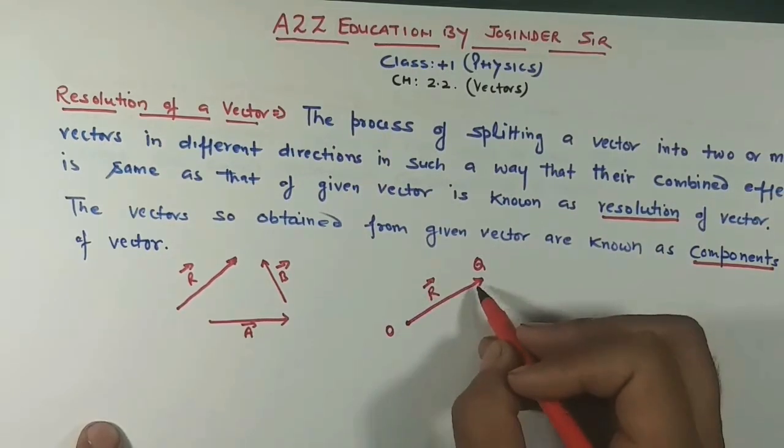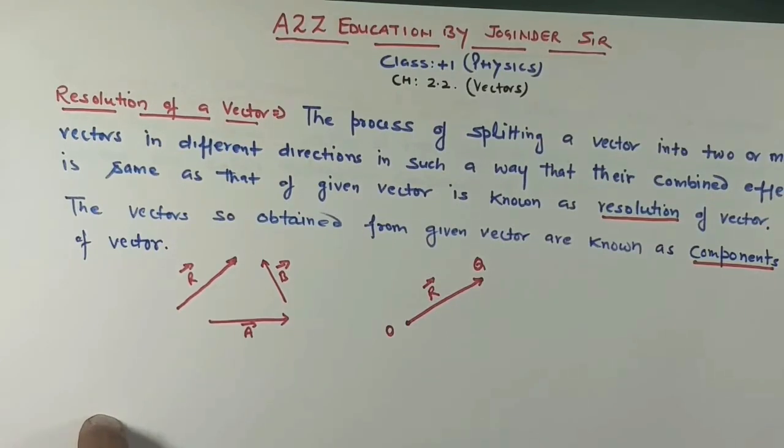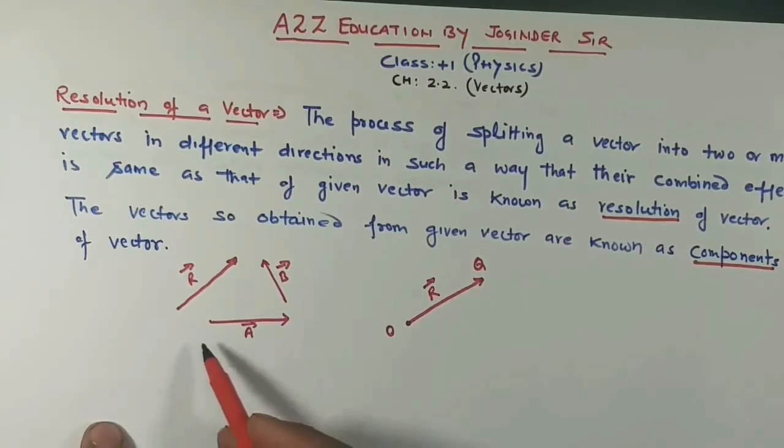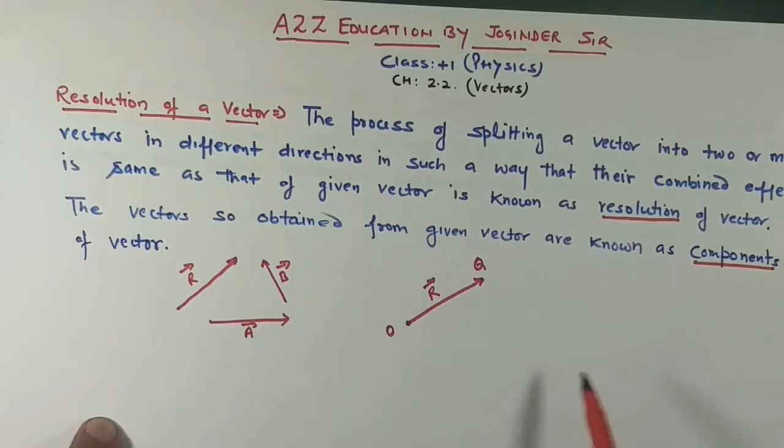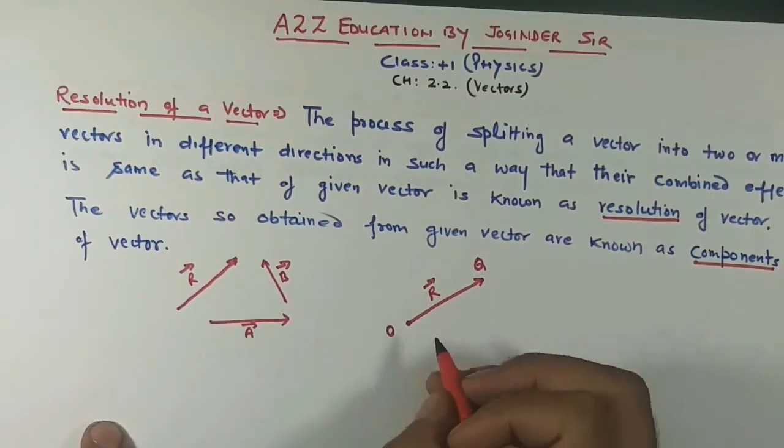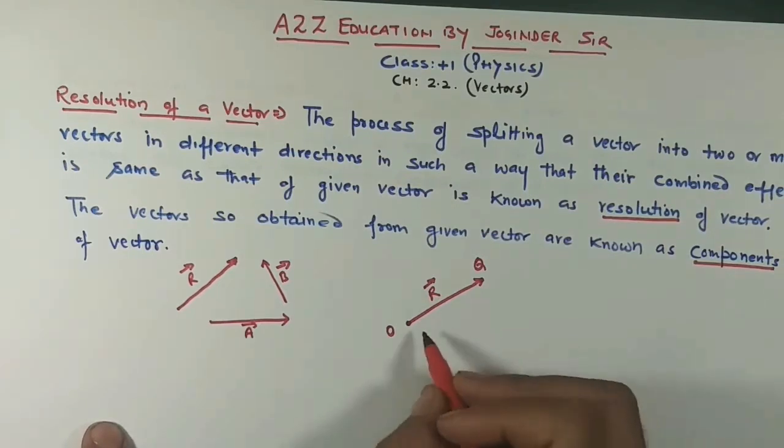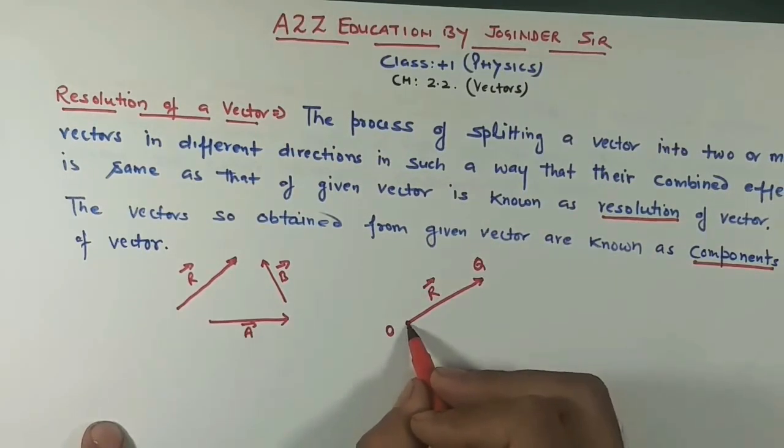Now we have to split this vector into two vectors in which one component has the direction equal to that of A and other one has the direction equal to that of B. तो अब क्या करेंगे, हम O से A के पैरेलल में एक वेक्टर ड्रॉ कर देते हैं.